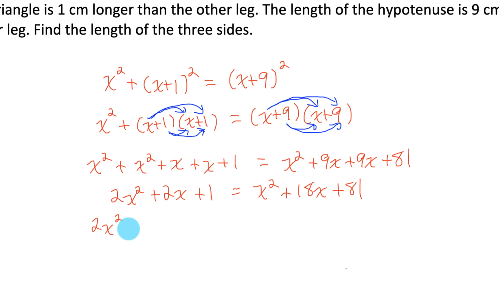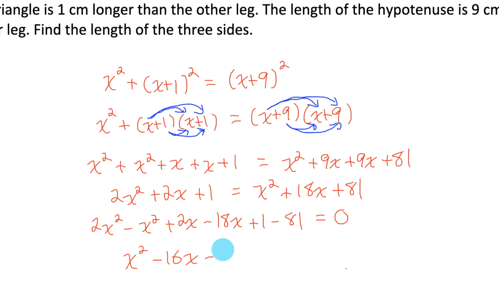So I'll subtract the x squared to the left side of the equation. I'll subtract the 18x, and then I'll subtract the 81. On the right side of the equation, we're left with 0. If I collect everything on the left, I have x squared minus 16x minus 80 equals 0.